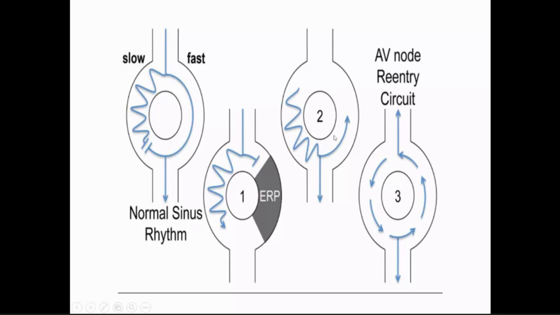صار هنا عندها reentry circuit، راح يصير the reentry circuit giving a very high rate arrhythmia.